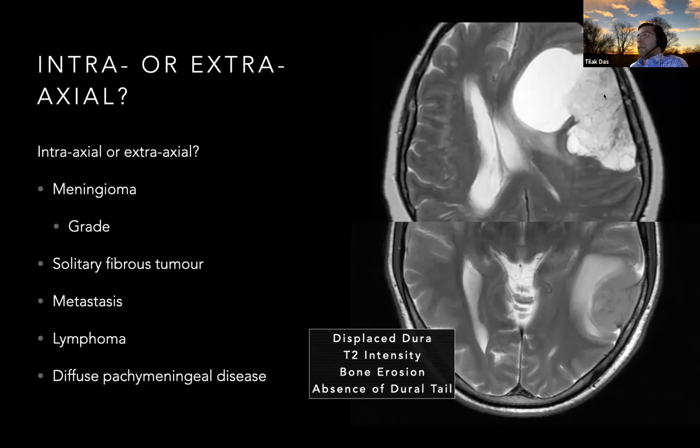Then look out for atypical features, which might give you an idea, or the surgeons an idea, of the grade before they start. But of course, we looked at some differentials, such as the solitary fibrous tumor, hemangiopericytoma, metastases, lymphoma, and differentials for diffuse pachymeningeal disease. Of the signs of atypia, displaced dura is probably the most useful.